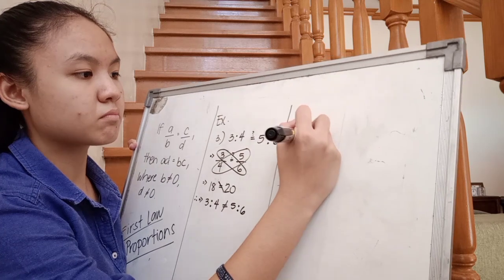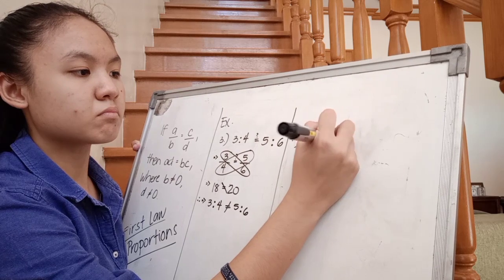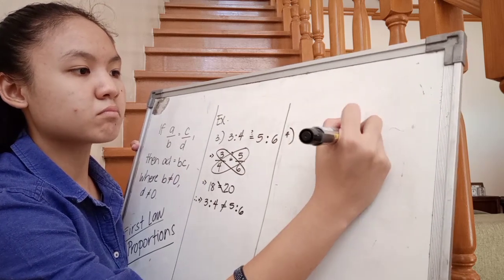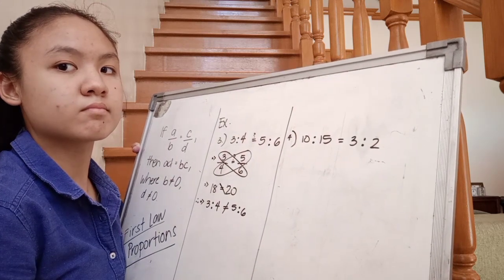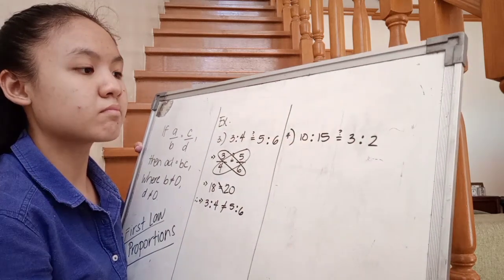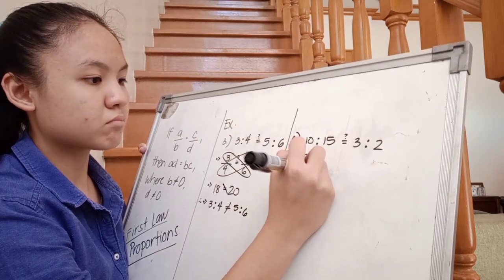Our fourth example, 10 is to 15 is equal to 3 is to 2. So we're still in ratios. We convert it again into fractions.